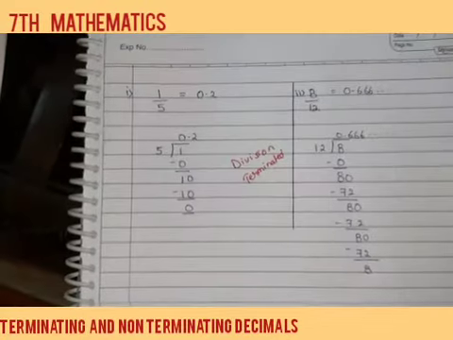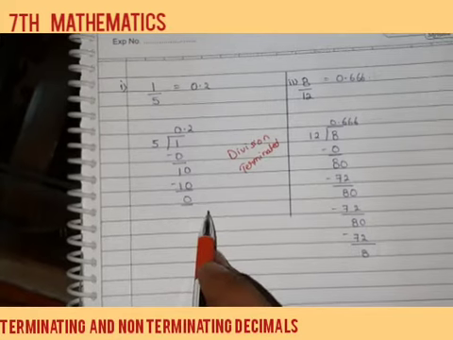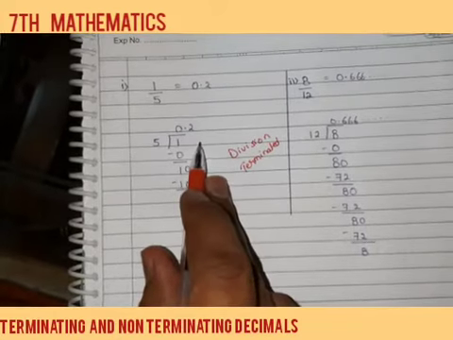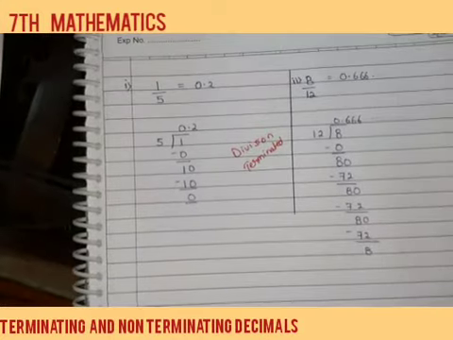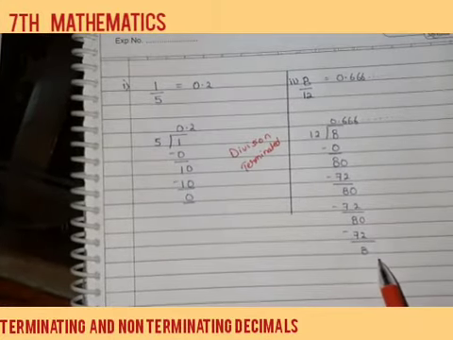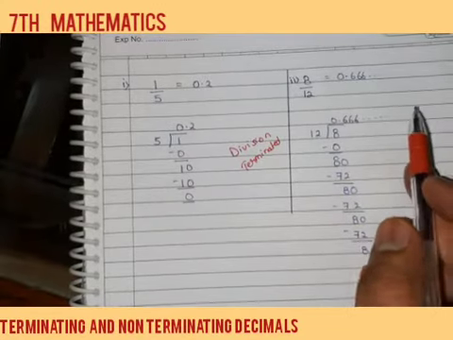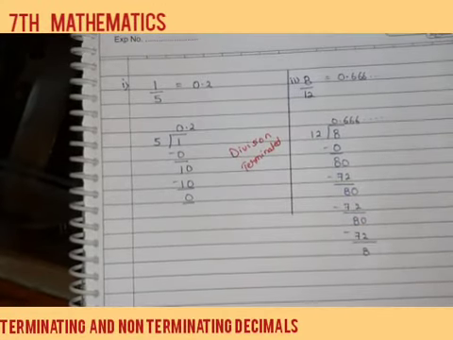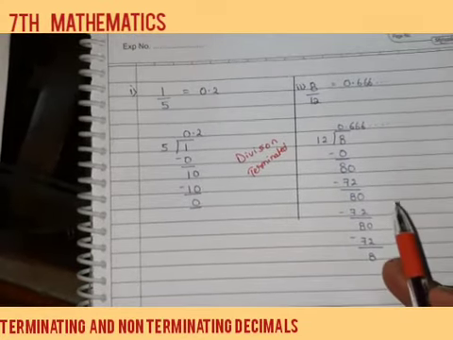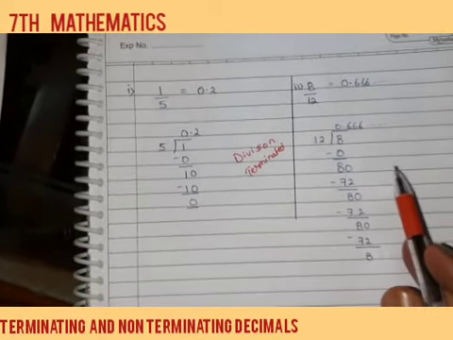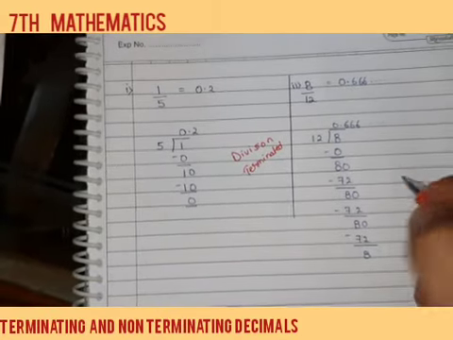Terminated means what? Terminate means to end. Here it ended with remainder 0 and a fixed value 0.2, whereas in the second division neither did the remainder become 0, and the quotient was going on and on and on. We were not getting any sort of fixed value. Thus we can say that here the division did not terminate and it kept on repeating.